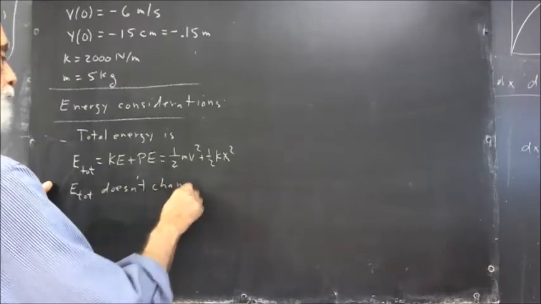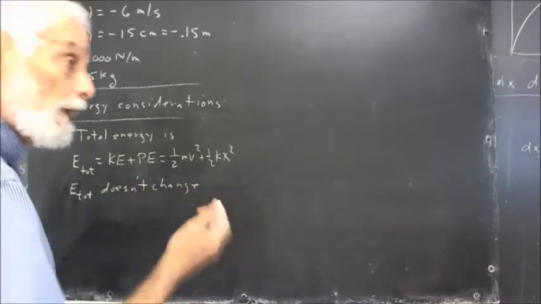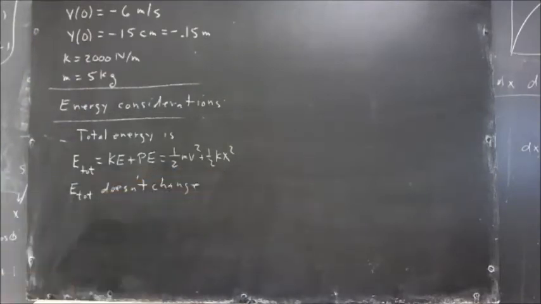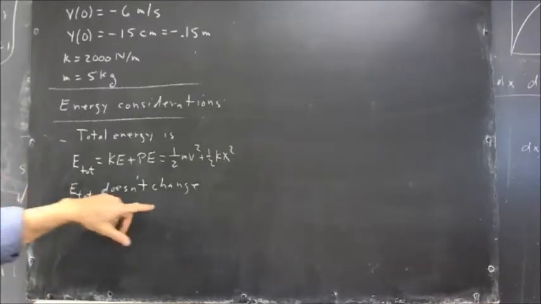That is, as the mass oscillates, the total of its kinetic and potential energies doesn't change because we're assuming an ideal spring, an ideal case where there's no non-conservative force involved. The only force being the conservative ideal spring force. So total energy doesn't change.